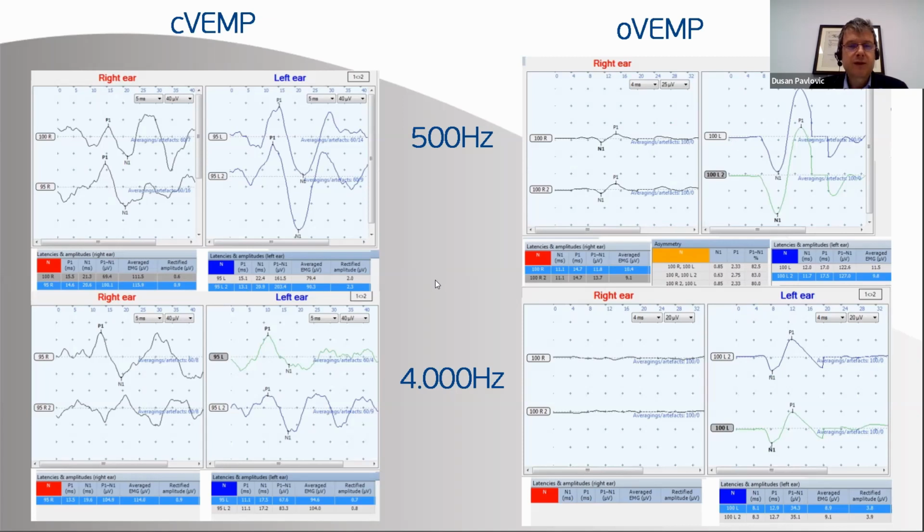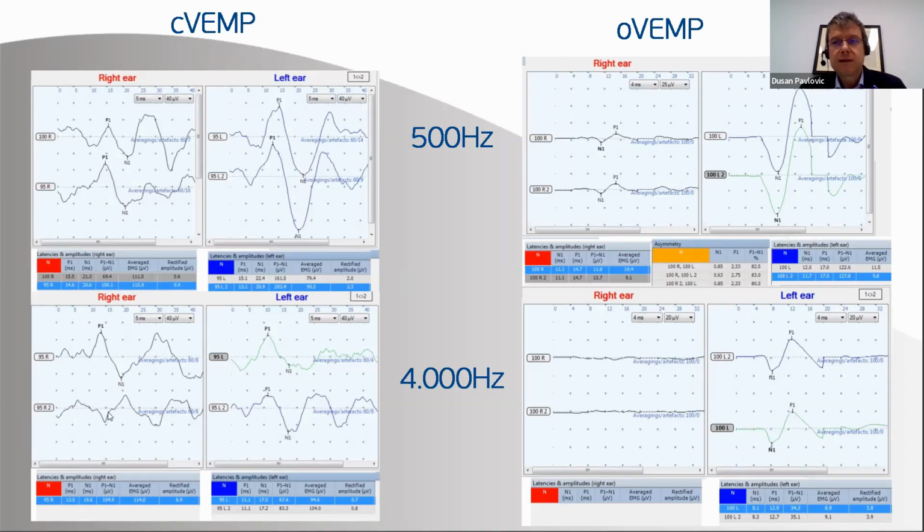And again, if we stimulate ears with 4 kilohertz, on the non-dehiscent ear we will not get a response, but we have normal amplitudes when stimulating the dehiscent ear with 4 kilohertz. Here, on the non-dehiscent ear, you have one wave, but when we repeat, we don't get it.